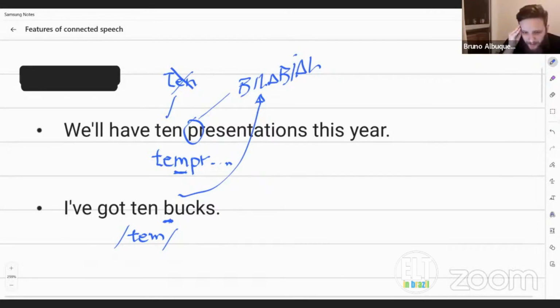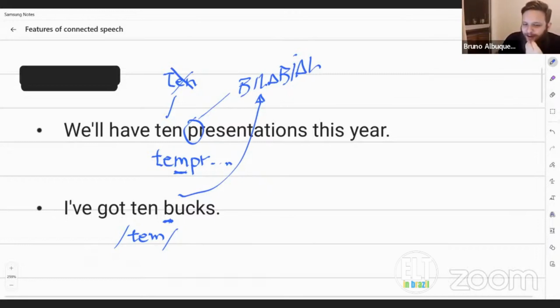What I like about this connected speech thing is that, as you mentioned, it's the rule of least effort, and as we talked about in the previous session, it's very physical. If you think of $10 presentations, if you say $10 but stop before you say the word bucks, you see that your lips are already sealed, and that's an M sound.